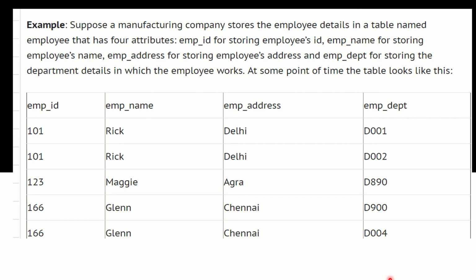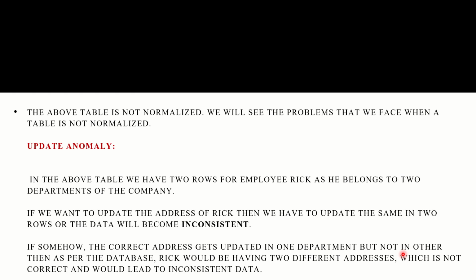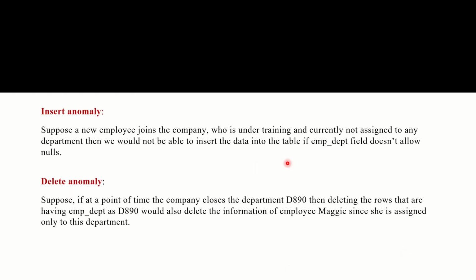As I said, if the department attribute is set as not null, then we cannot make an entry because he is in the training phase. So we cannot store the information of that person in that table, and this problem is called insert anomaly.